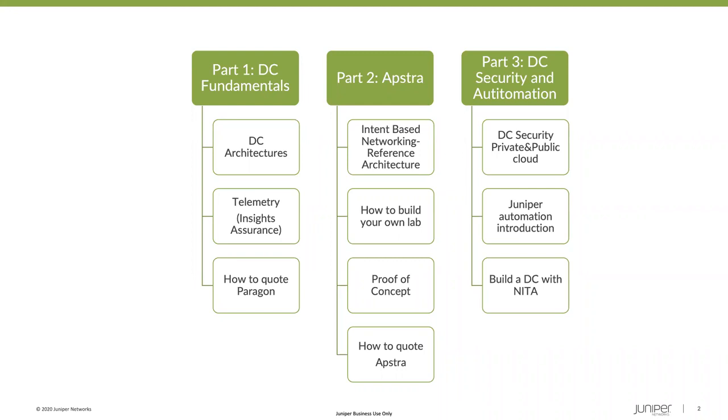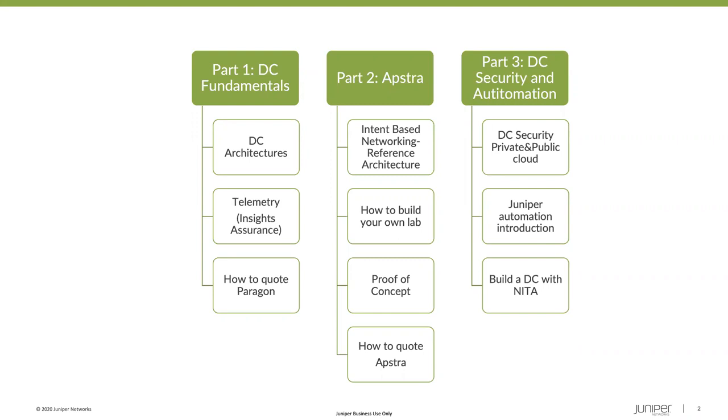And then part 3, which will be on Tuesday next week, we will have 2 parts. It will be DC security, which is around not only how you can protect your private data center, but also what we can do in the cloud with the VSRX and so forth.